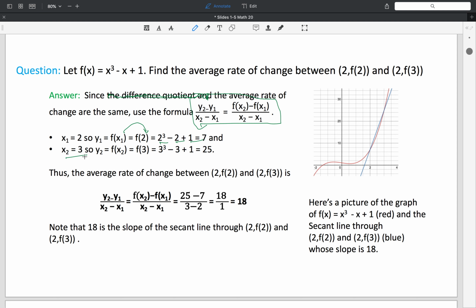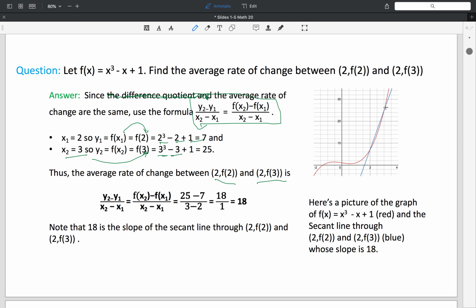And then we plug in x2 into here, we get f of 3, that's going to be 3 cubed minus 3, so 27 minus 3, 24, plus 1 is 25. So what we get here is the average rate of change between these 2 points is, according to this formula, 18, so cut and dried. So again, that's going to be the slope of the secant line.